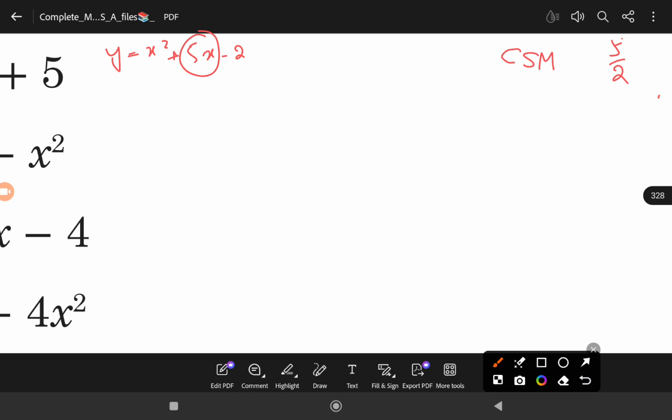So you will add and subtract the square of this answer in your equation. Look, y equals x square plus 5x plus 5 over 2 whole square, first we add the square of this term, and then we subtract the square of this term, because we need to keep the balance of our equation, minus 2.